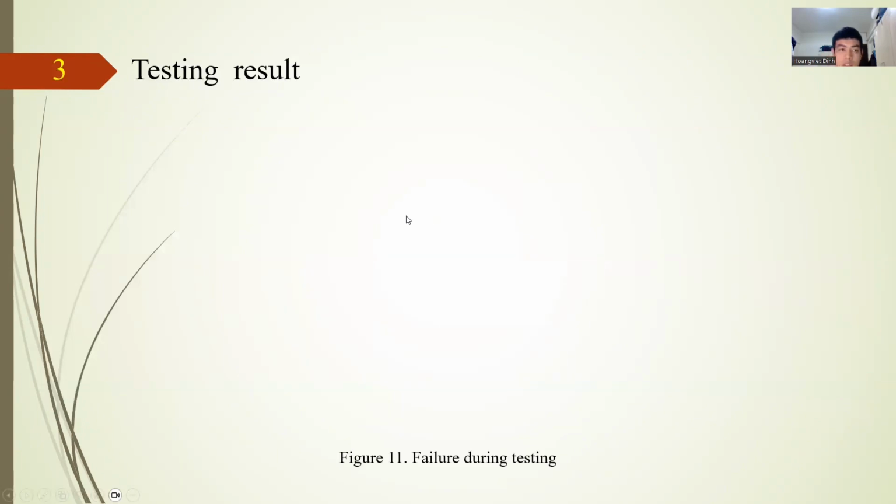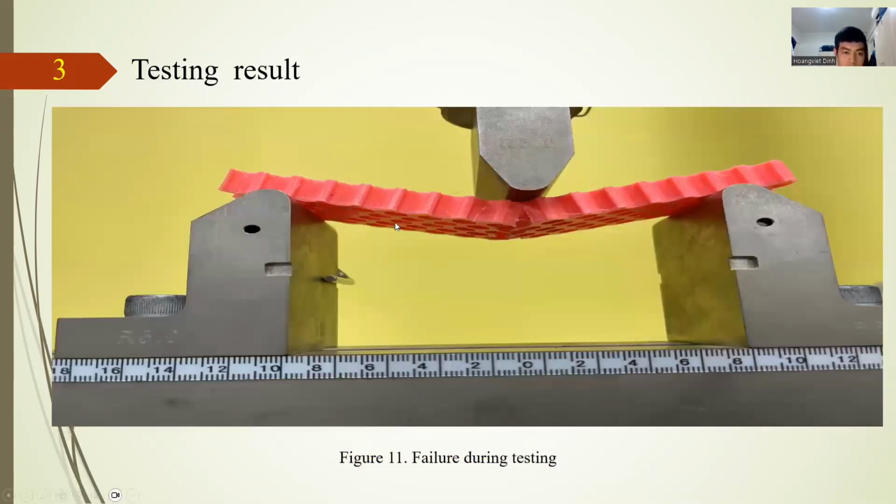Testing result 3, Figure 11, is the failure during the test. In the test, when the load reaches the maximum stress, the honeycomb will crack at the middle.